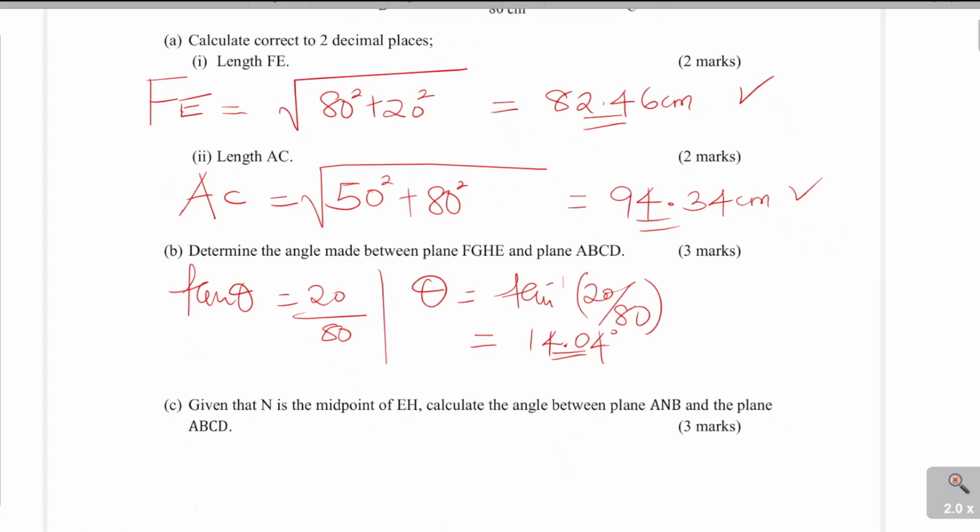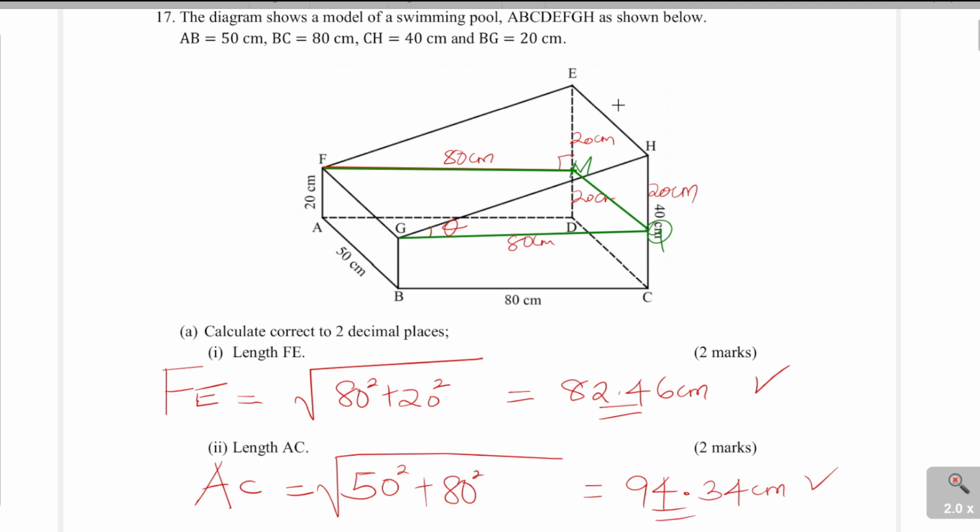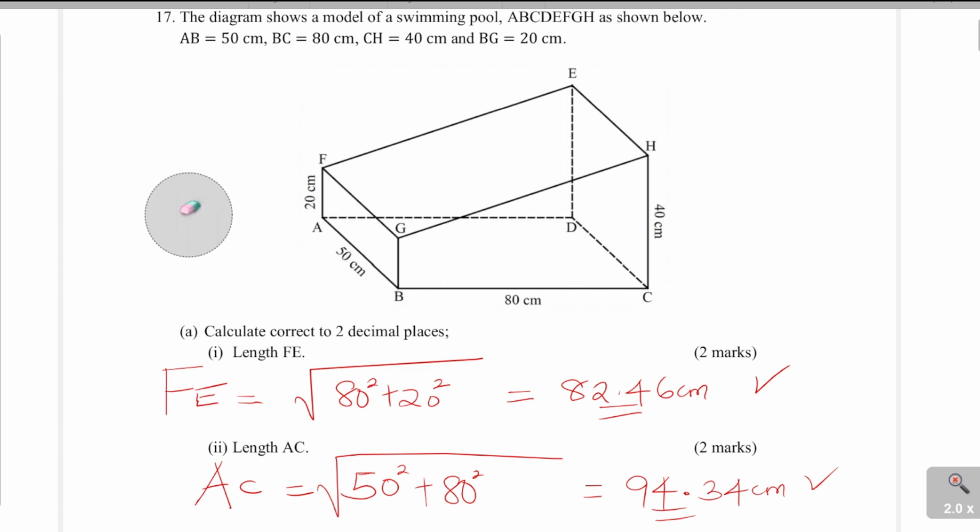We go to part C. Given that N is the midpoint of EH, calculate the angle between plane ANB and the plane ABCD. N is here, the midpoint of EH. So I'll clear everything here so that I can illustrate that.